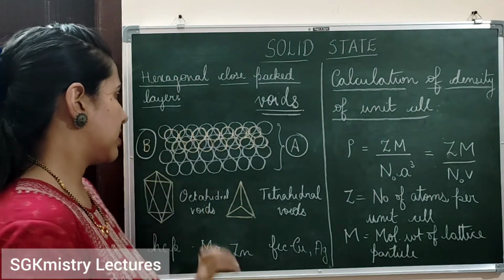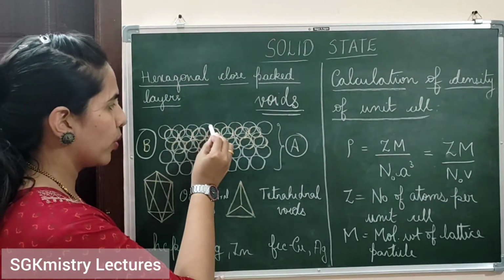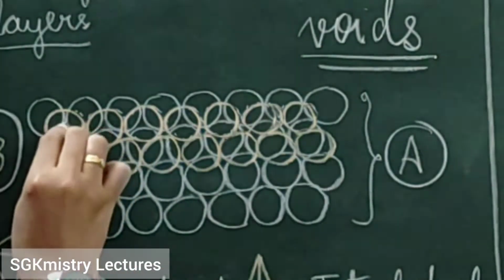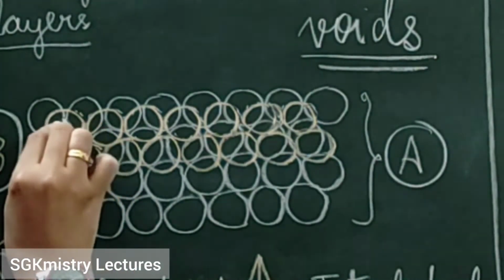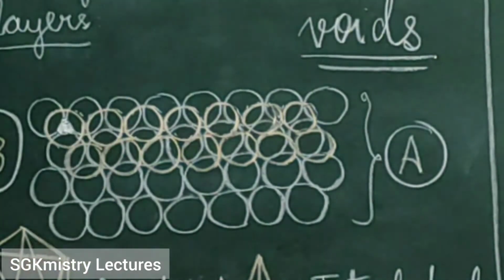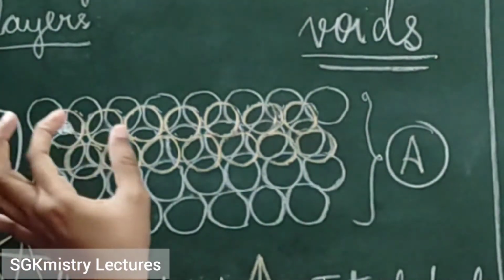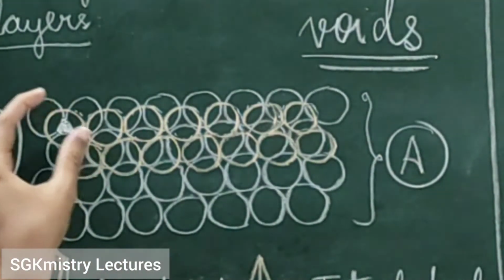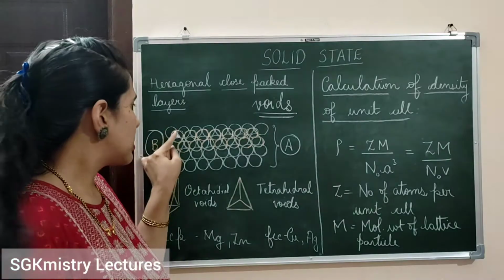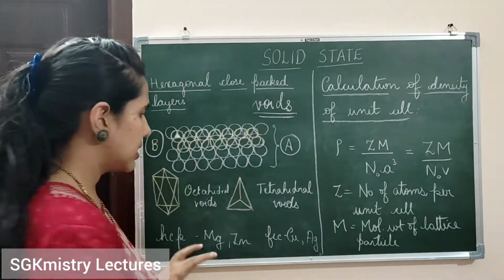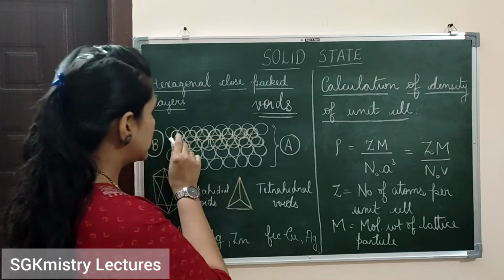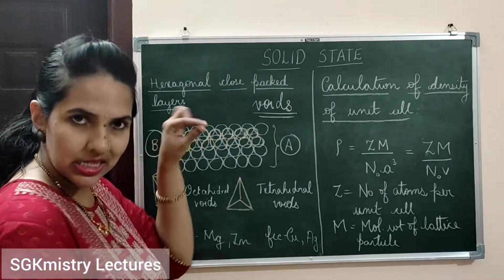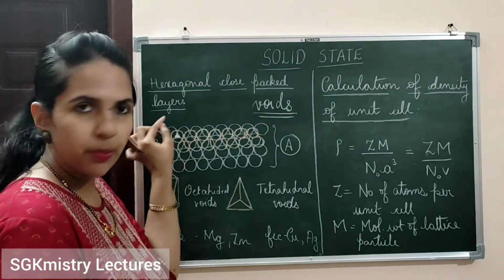Just concentrate on the lower layer A and the upper layer B. You can see in the lower layer, there is one void, one gap, upon which the upper layer particle is placed. Upon this gap, the brown particle is placed. This gap is triangle in nature, and it is covered by the upper particle.